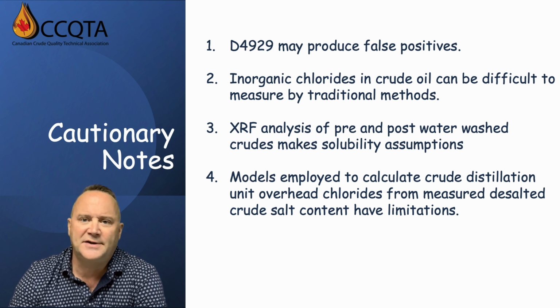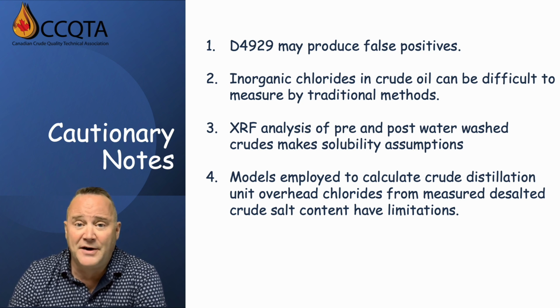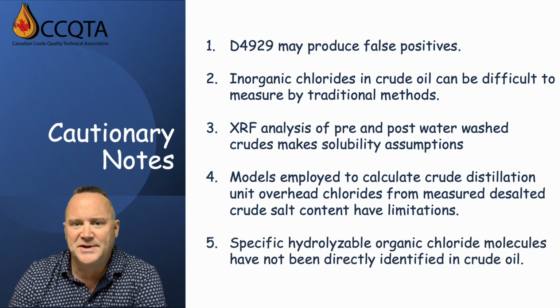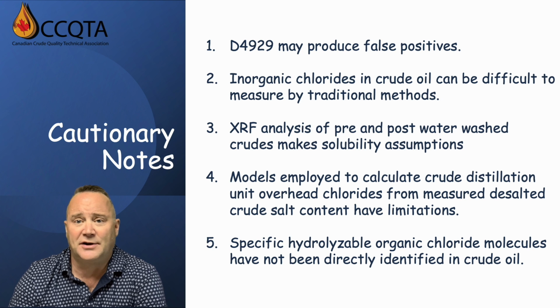Also, the effectiveness of the addition of caustic and or some metal oxides on inhibiting salt hydrolysis. Therefore, such modeling can be very difficult to correlate to real-world results. And lastly, specific hydrolyzable organic chloride molecules have not been actually identified directly in crude oils at this point. Given that inorganic salt hydrolysis is a well-understood phenomenon in crude towers, it seems like the more likely source of HCl.